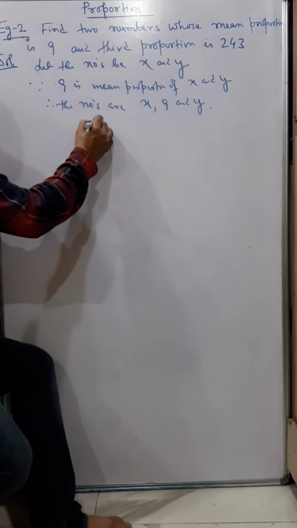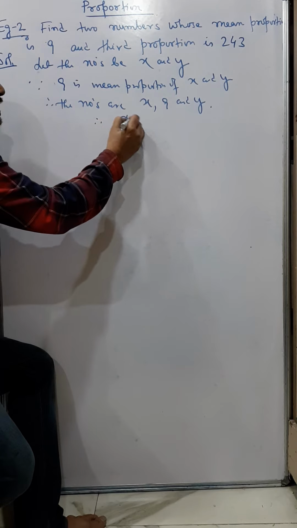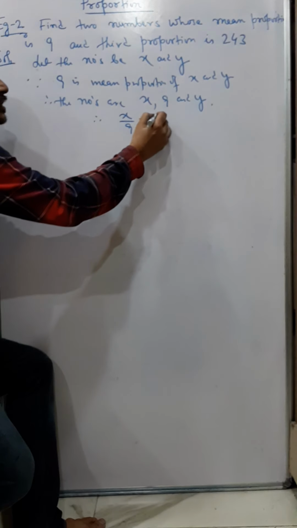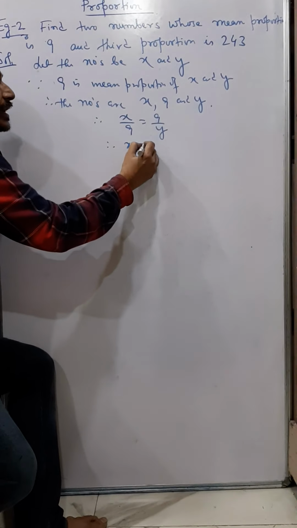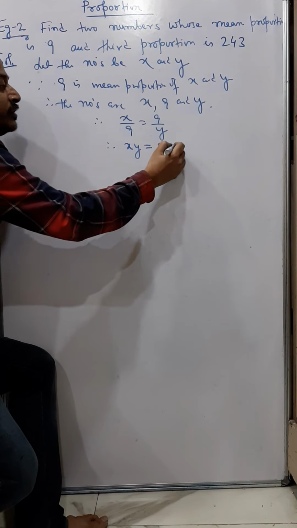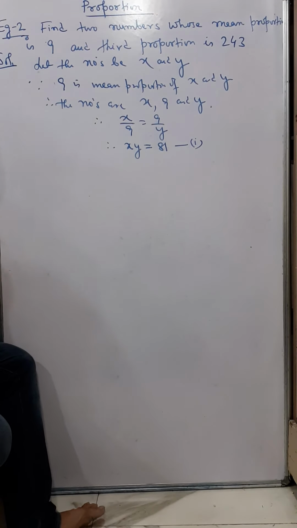So from there, here what we can say that x by 9 equals 9 by y, and finally we got xy equals 81. So let it be equation 1.